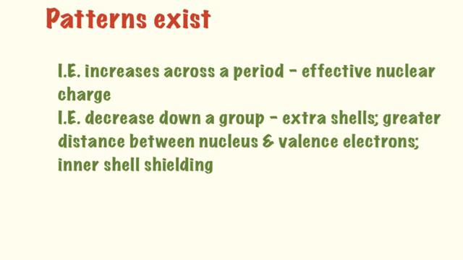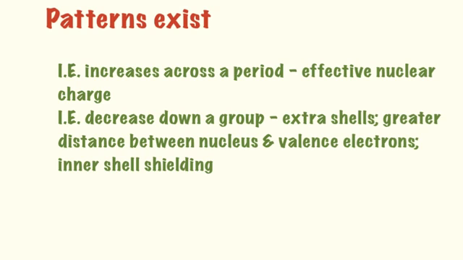If we then consider what it's like going down a group, we actually find it decreases. It decreases because as we go down the group, we add one more shell of electrons. This means we're going to have a shielding effect, and the inner shells of electrons are going to try to repel the valence shell.